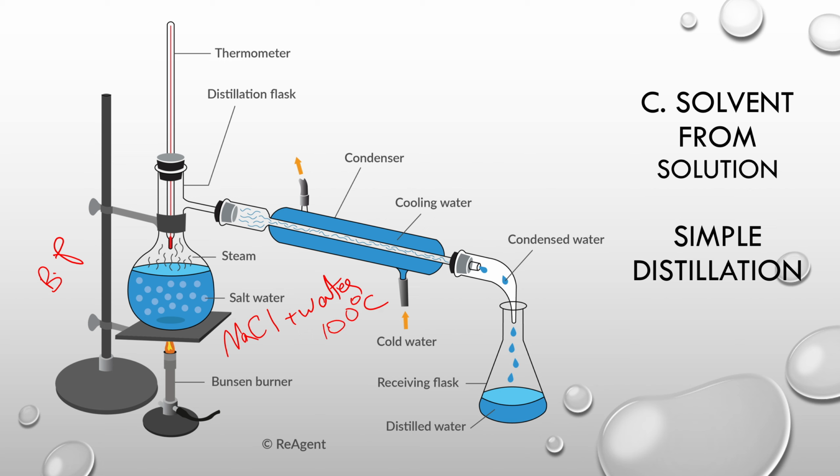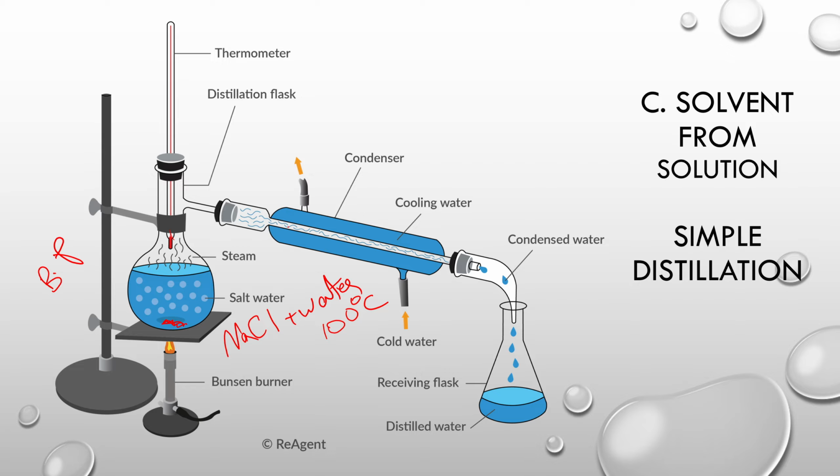So water will evaporate. As it evaporates, water vapor enters the condenser. As it enters the condenser, it will cool down and be condensed into water, leaving the salt behind in the flask. So I have two physical properties, which are evaporation and condensation. Number two, the process works because of the difference in the boiling point between the salt and the water.